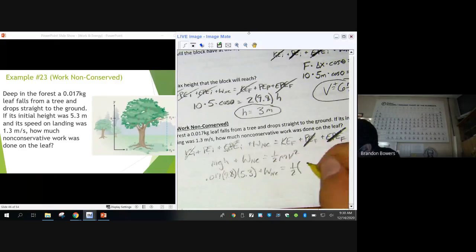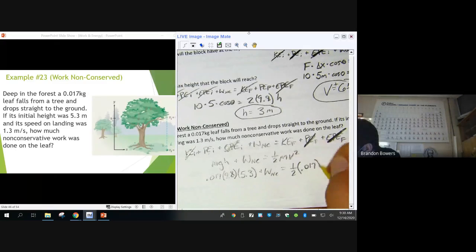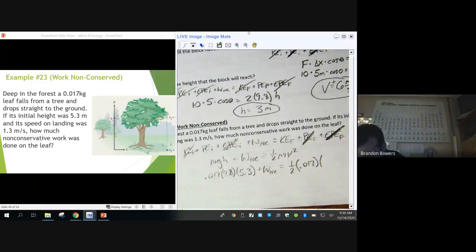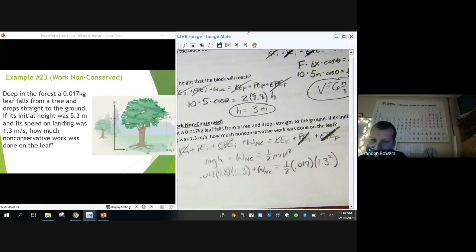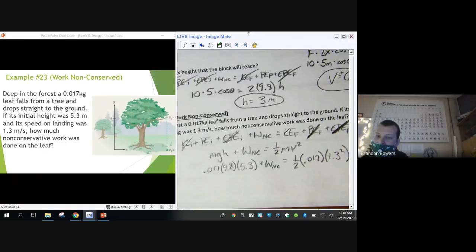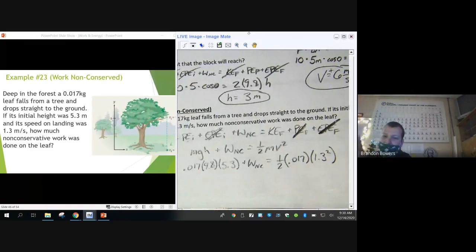Half the mass, 0.017, velocity squared. My velocity is 1.3. I should have all my information. So you should be able to solve for work non-conserved now, right? The picture definitely helped a little bit. I'm just kidding. We probably could have solved it without the picture on this one.